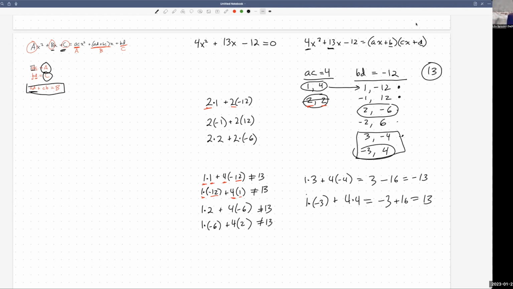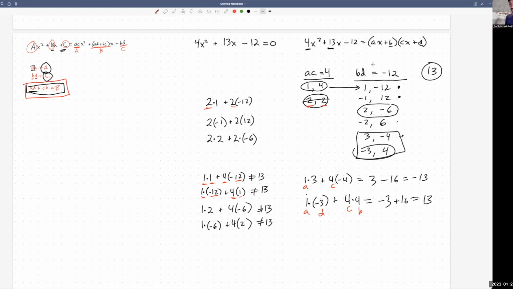So let's label everything to make sure we have this right. I had A and C here, and then this will be my D and B. I'm just following this little map. I found a combination of these factors that add up to 13.